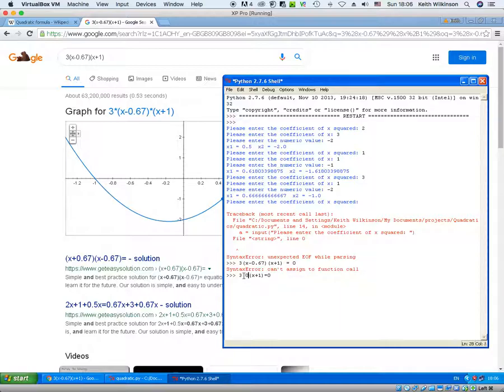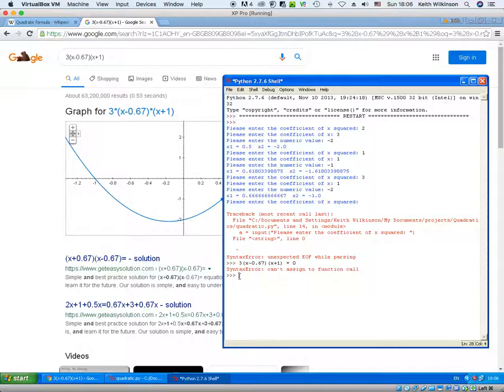So it's 3 times 0, which is 0, times x plus 1, which is 0, gives me 0. So if either of these brackets becomes 0, then that's what gives us the root.